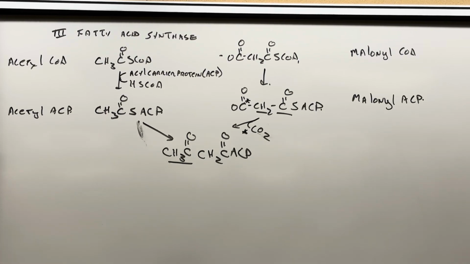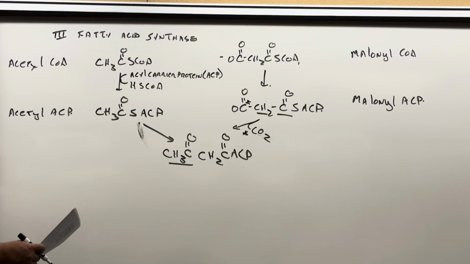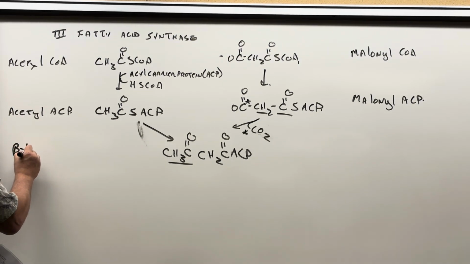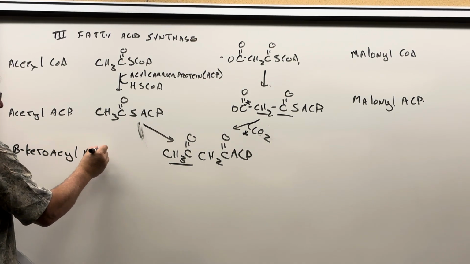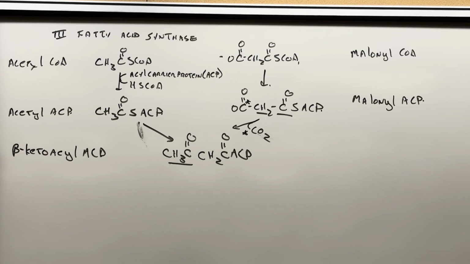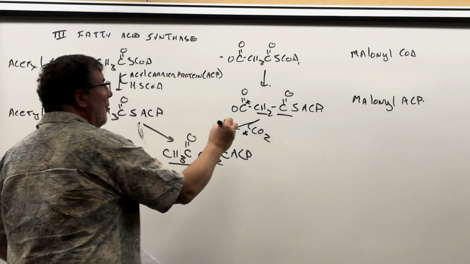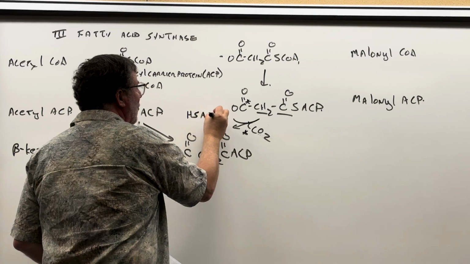So this is known as the condensing enzyme. This is the beginning of the polymerization process. And then this compound here is known as beta-ketoacyl ACP. Does the sulfur leave too, or the malonyl leave? Yes, actually that's good, thanks. So then SHACP comes off.